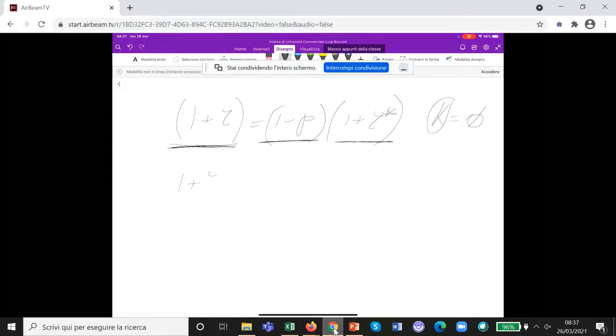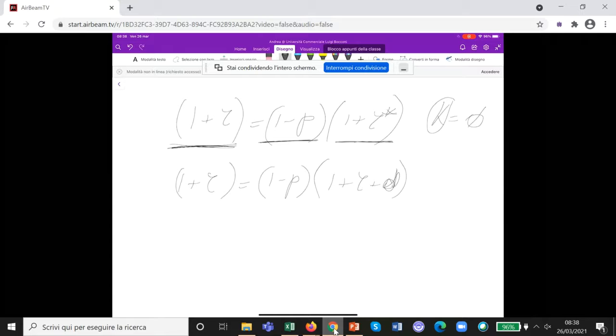So we can say that 1 plus R, the risk-free rate, is equal to 1 minus the probability of default times 1 plus R star, and this we can decompose into a risk-free rate plus a spread D. Okay, so D would be the spread, the difference between R star and R, the risk-free rate.